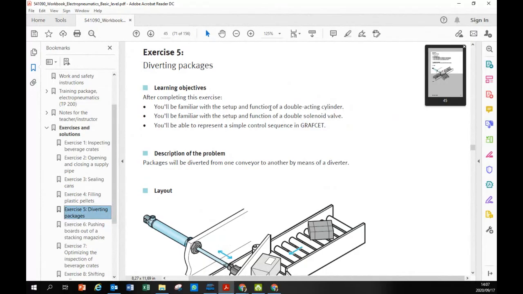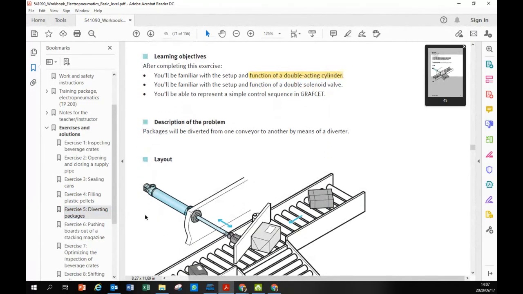So in this one, we need to know the function of a double acting cylinder. It's actuated at both ends. This side for extending, this side for retracting, right? Be familiar with the setup and function of a double solenoid valve. Let's call it a double pilot solenoid valve.